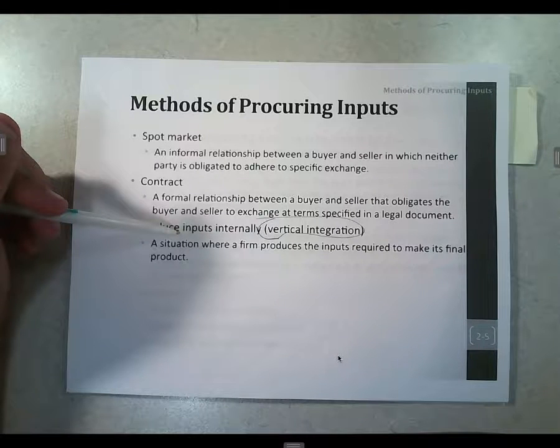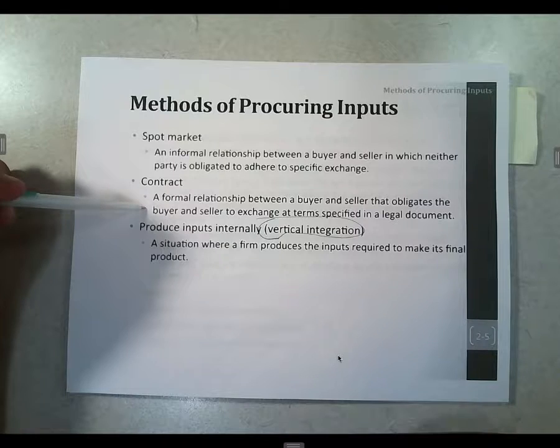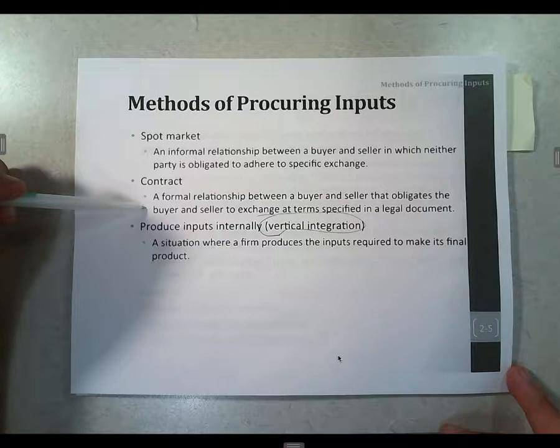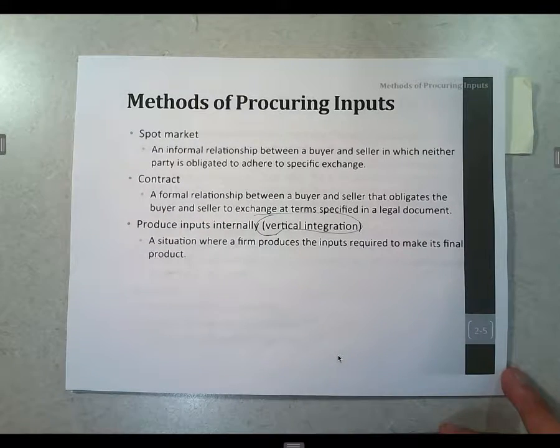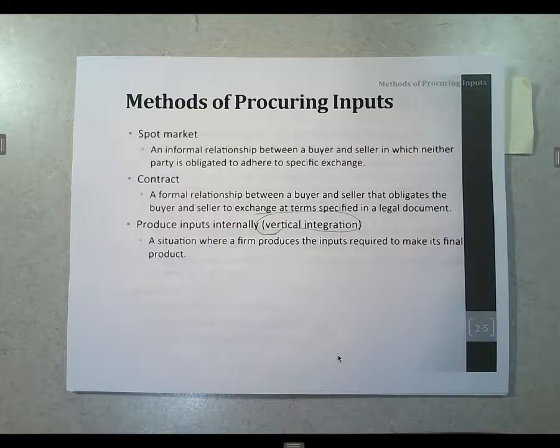Probably used more often are the contracts, especially for the larger firms. Larger firms get their inputs by agreeing to a contract for a certain amount of time. So, for instance, you could look at any number of firms that sign like a 6-year contract for furniture for their offices, or you sign a contract with a company to do all the travel for your company, right?